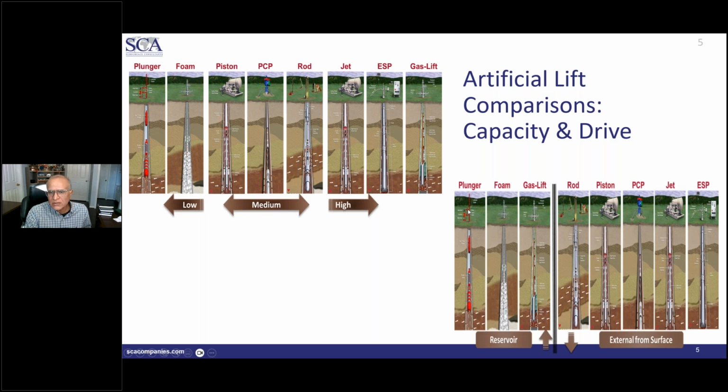When we talk in terms of what type of energy source these lift methods use, then gas lift falls into the same category as plunger and foam lift in that the primary energy source is the reservoir.